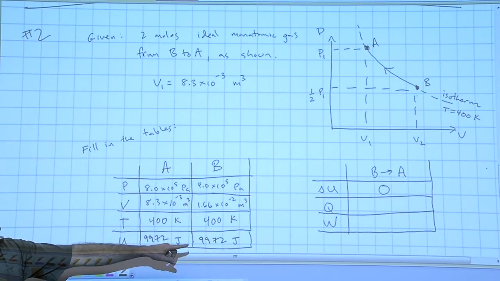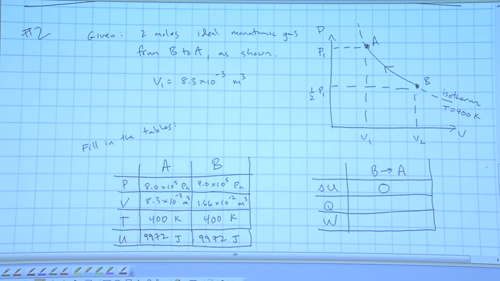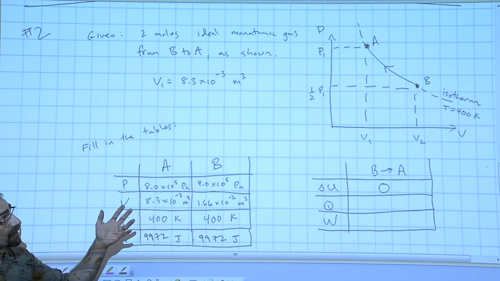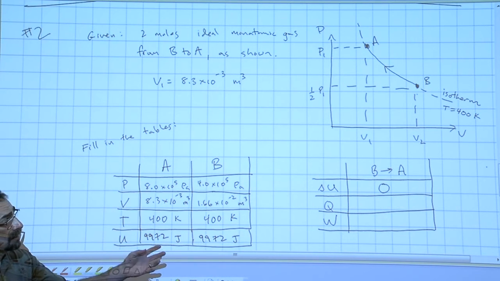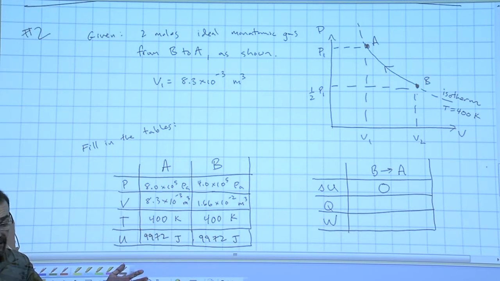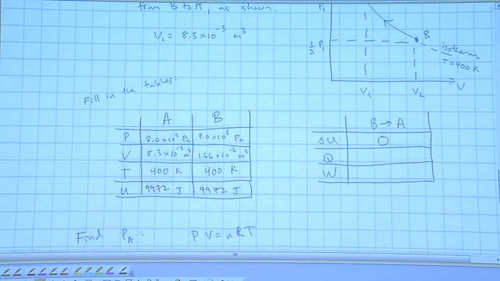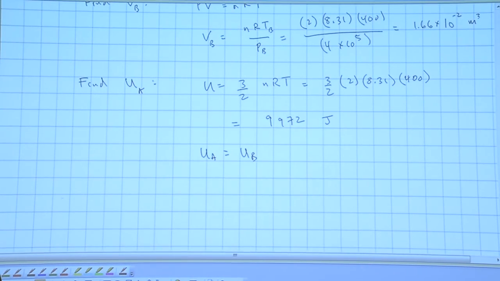All right, let's take a look. What's next, Q or W? Work done. We're given the curve going from B to A. Work done is the area under that curve. You have to be able to integrate to figure out the area under that curve, but they'll give us the formula in the book, so we can use that to find the work done.